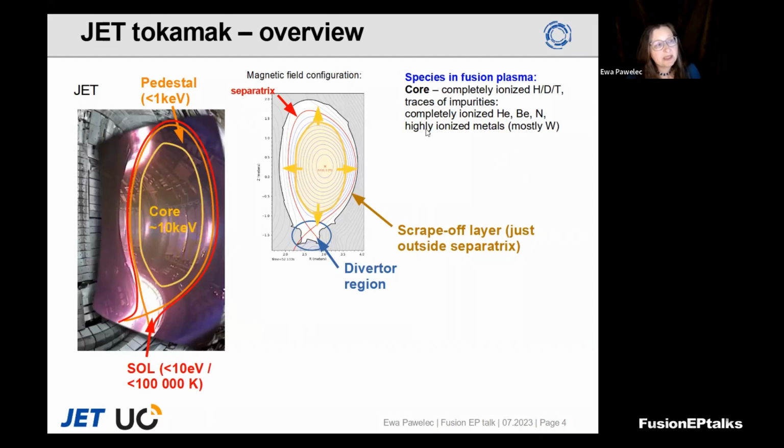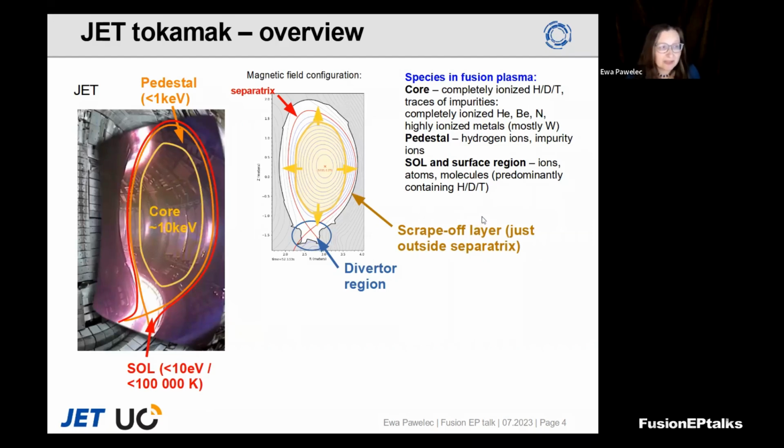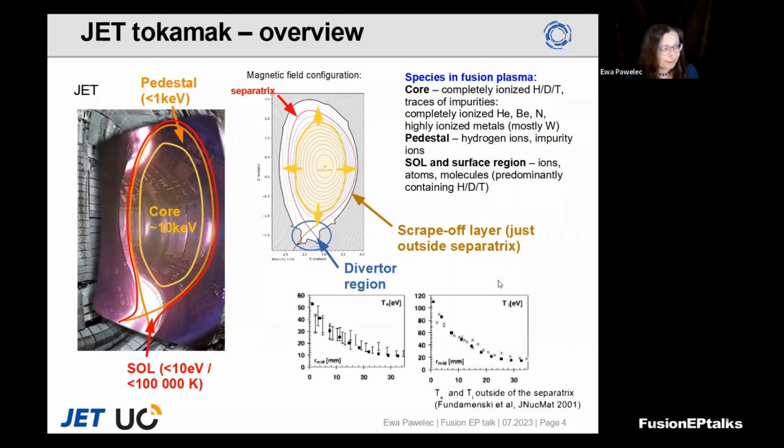We have also highly ionized metals, mostly tungsten, but that's a story for another time. In the pedestal, we have hydrogen ions and impurity ions. And in the scrape-off layer and external regions, there we get everything. So we do get ions, we do get atoms, we do get molecules, and most of those molecules will be containing hydrogenic species. So any kind of isotope versions.